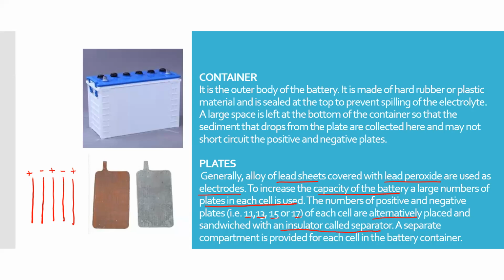That's because this is metallic, this is metallic, this is also metallic. So you need some kind of insulator in between so that they are not short circuited somehow. That's why we need a separator.